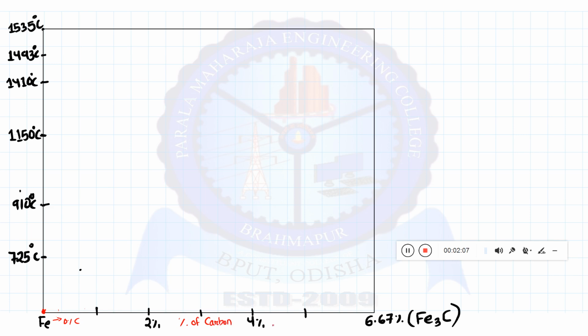As we have discussed in other phase diagrams, the diagram usually goes up to 100 percentage of the solute atom, but here the case is different. Here it is limited to 6.67 percentage of the intermetallic compound Fe3C, which is also known as cementite.